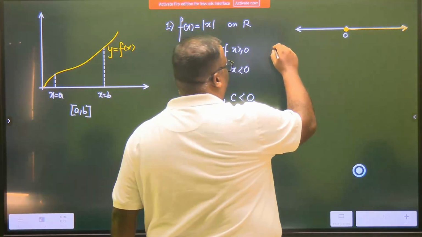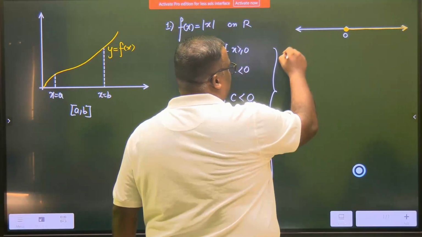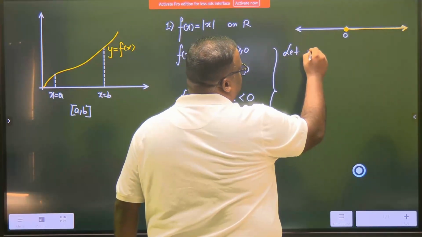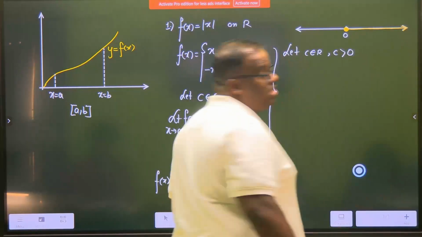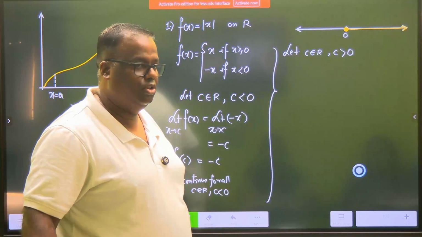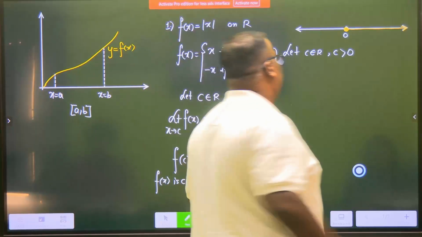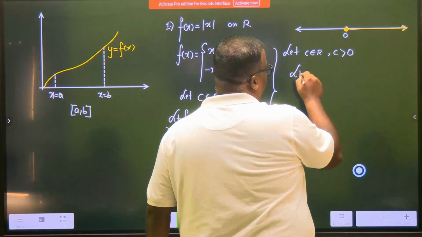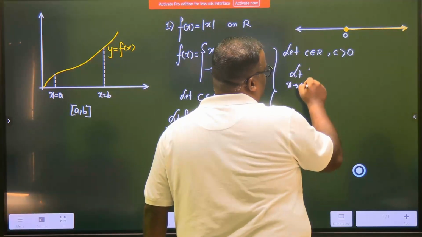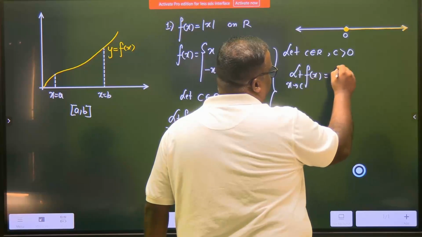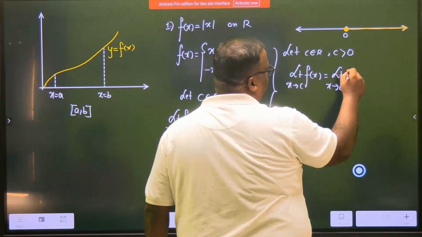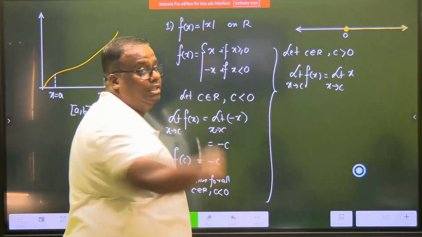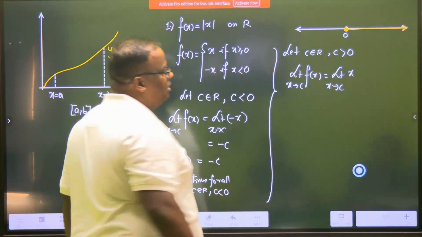Let's check now. This is just another way of doing it. Let c belong to R and c is greater than 0, not equal to 0, greater than 0. Then let's try the limit as x tends to c of f of x. Which function will you pick up? You will pick up x, because this is for anything that is greater than 0.